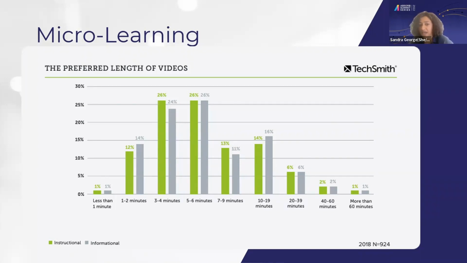The best time, the average, is from 3 to 6 minutes, as we see from the chart. Less will be less information that you can present. More time, then the concentration and the focus of your learners goes down. Therefore, retaining information goes down.